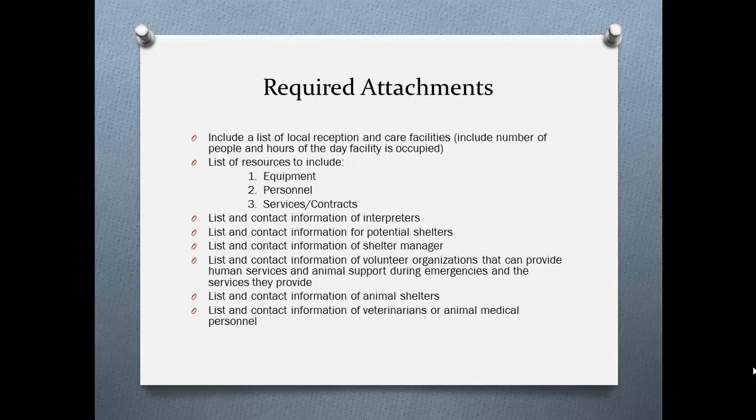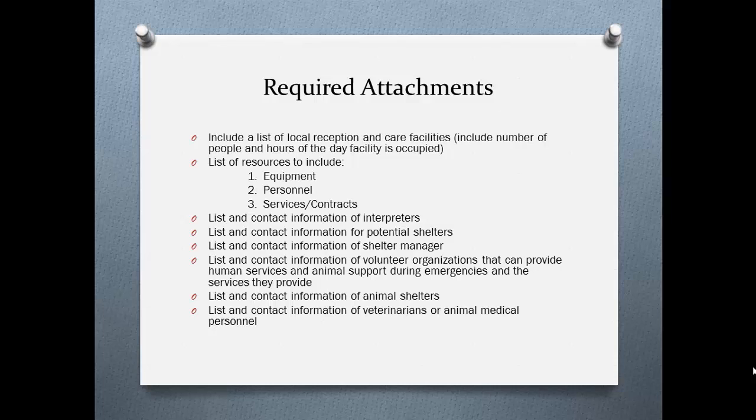The required attachments are: a list of local reception and care facilities, including the number of people and hours of the day the facility is occupied. A list of resources to include equipment, personnel, services, and contracts. Then a list and contact information for interpreters within your county. A list and contact information for potential shelters.